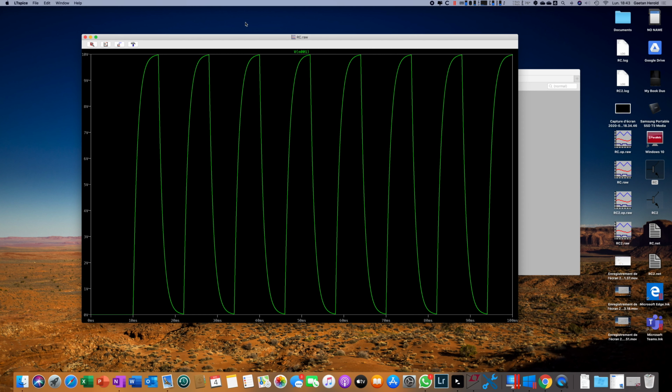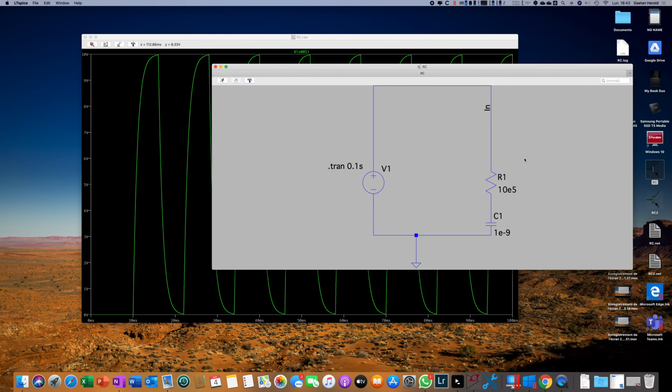I propose you explore a little bit LTSpice in these transient regimes to see different types of circuits, different time constants, different measures that you can make in relation to your lessons and exercises, to plunge yourself in a practical way into these differential equations which can seem at first sight rather complicated and which finally describe rather intuitive behavior. That is to say, capacitors and inductors which charge and discharge.